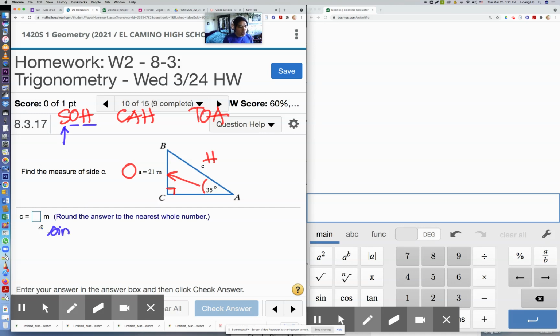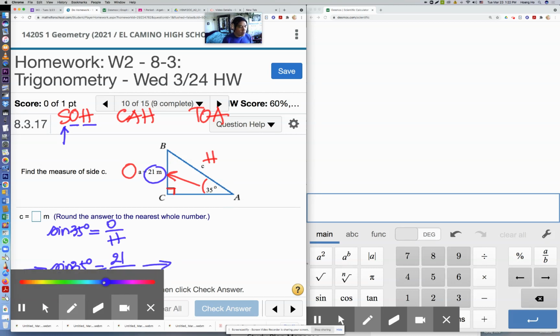So sine, make sure sine is lowercase, sine 35 degrees equals opposite over hypotenuse. Substitute in: sine 35 degrees, opposite is 21, and the hypotenuse is C. Pay attention here: C is on the bottom.